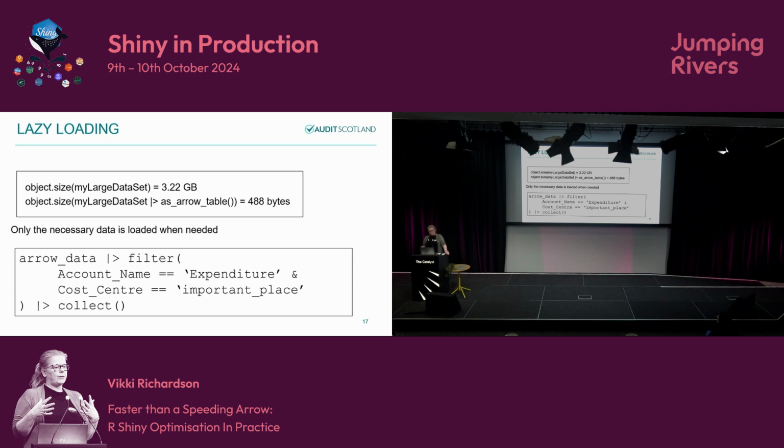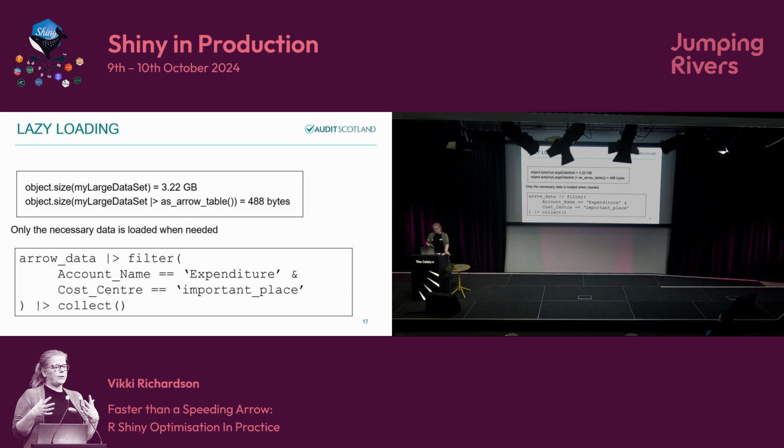So with arrow, you can end a dplyr verb call in a couple of ways. So compute will keep it in arrow format, ready for the next operation, and collect will pull it all into memory.